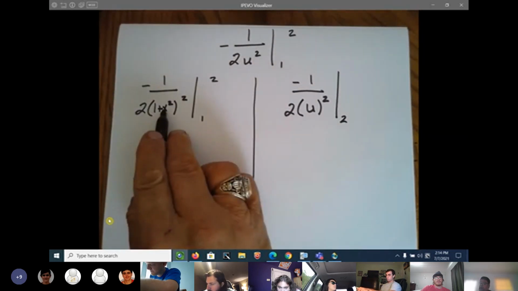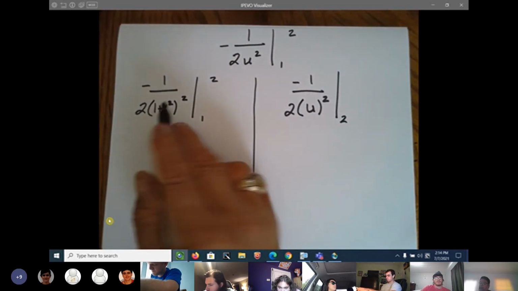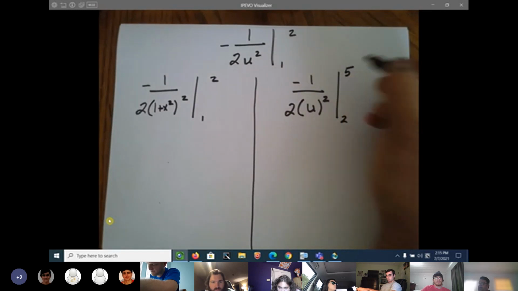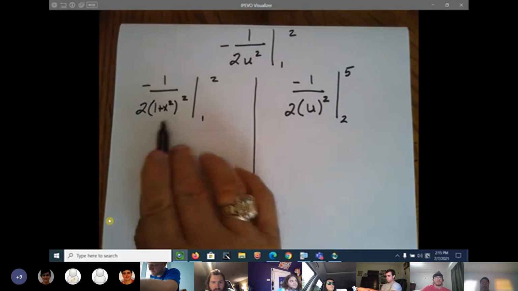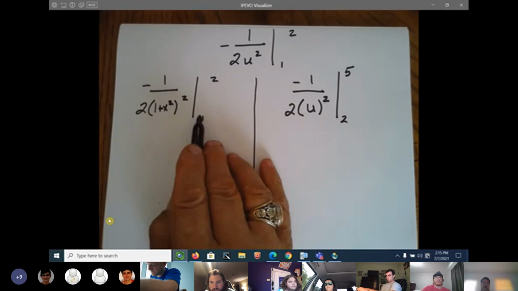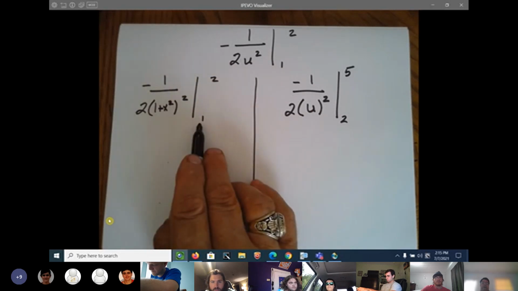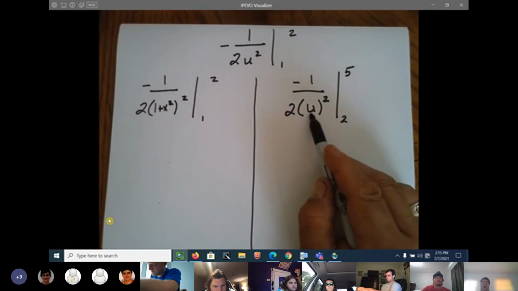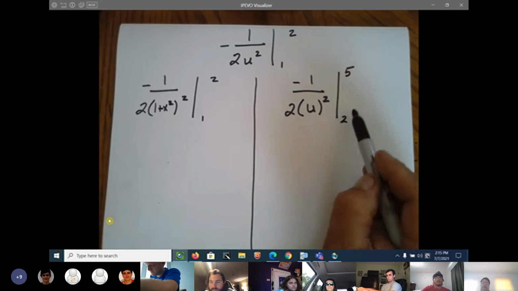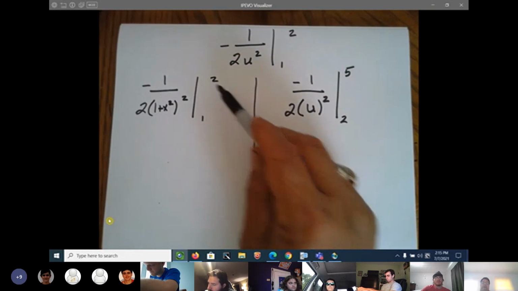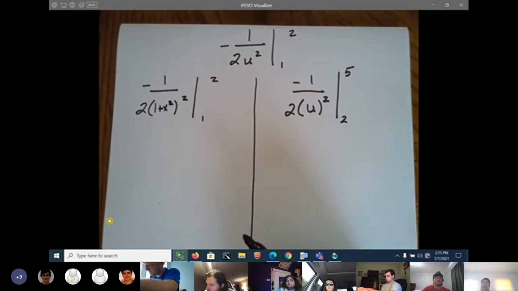Plug in 2. 2 squared is 4 plus 1 is what? 5. So I can either back substitute and use the original numbers, or I can use u and convert the 2 original numbers to u numbers.